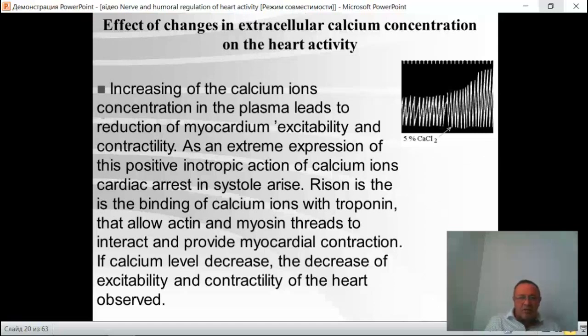Increasing the calcium ion concentration in the plasma leads to a positive effect on myocardium excitability and contractility.